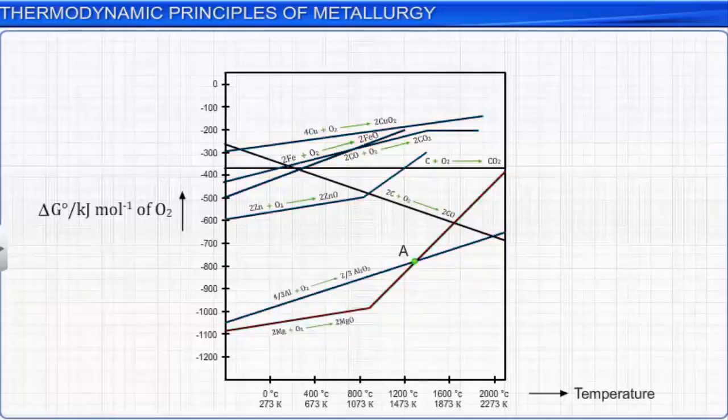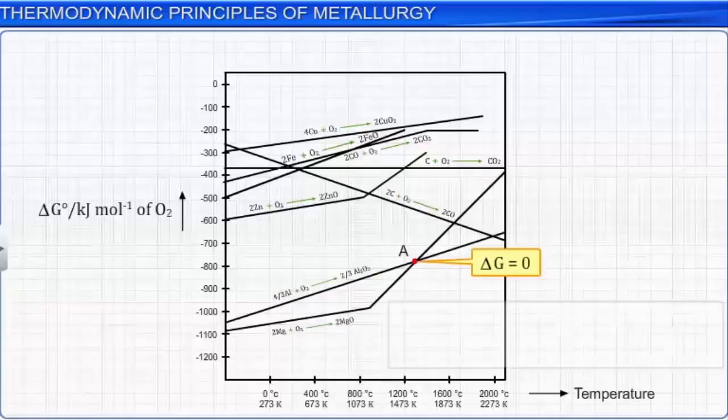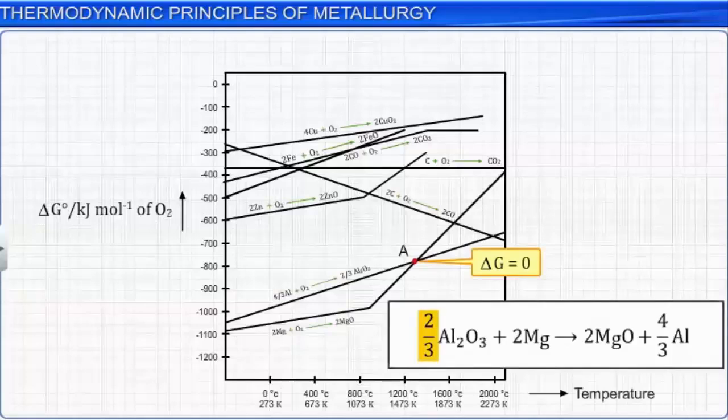At the point of intersection A of the curves for aluminium oxide and magnesium oxide, the change in free energy delta G becomes 0 for the reaction 2 by 3 Al2O3 plus 2 Mg gives 2 MgO plus 4 by 3 Al.